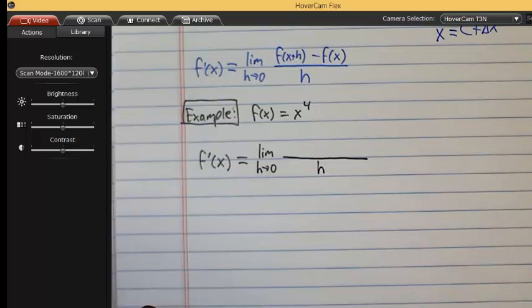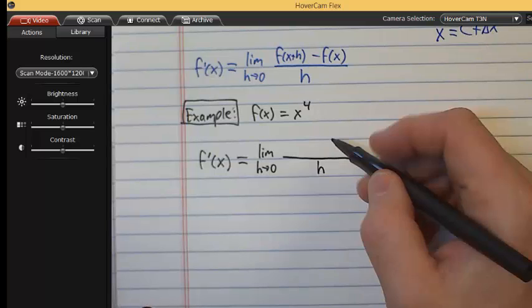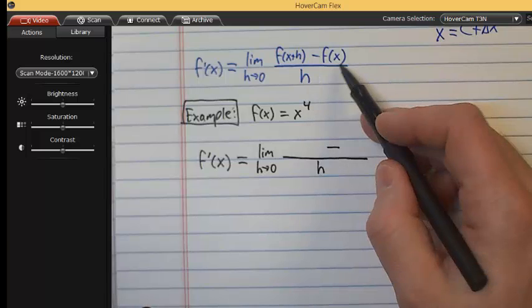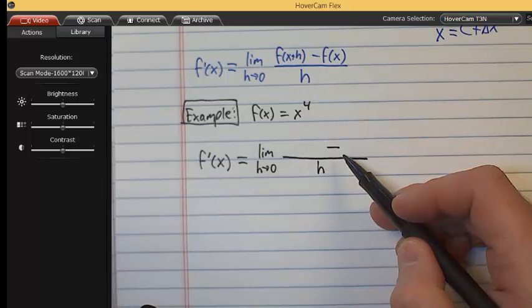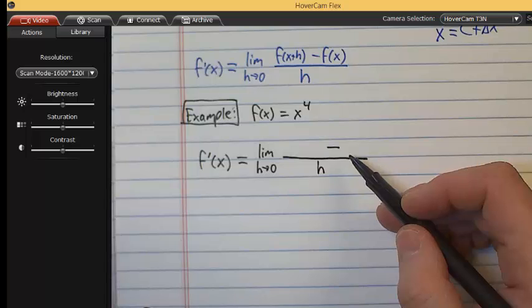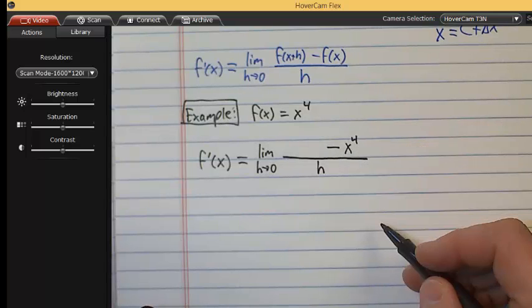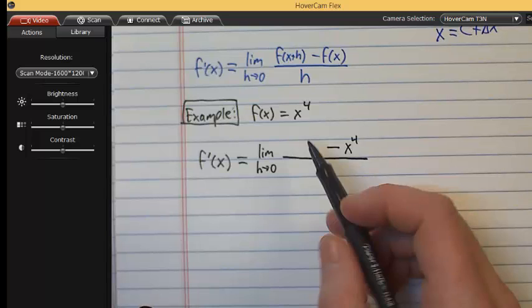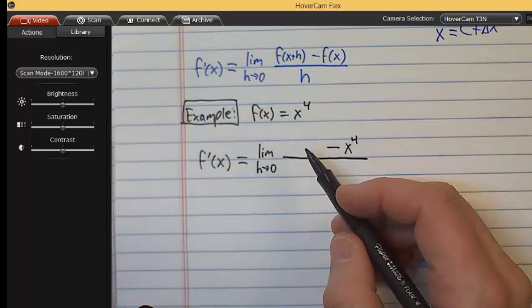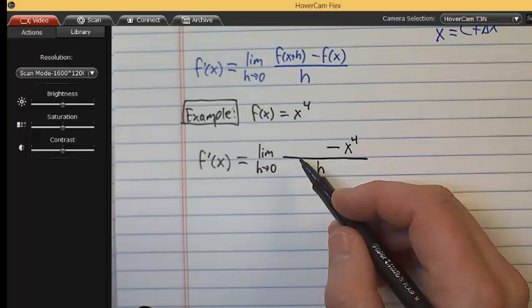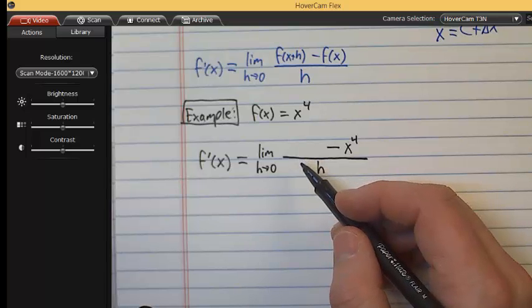The next thing I like to fill in is this f of x right after the negative sign. What am I going to write where it says f of x? X to the 4th. Okay. Over here, f of x plus h, do you know what I'm going to write? X to the 4th plus 0?